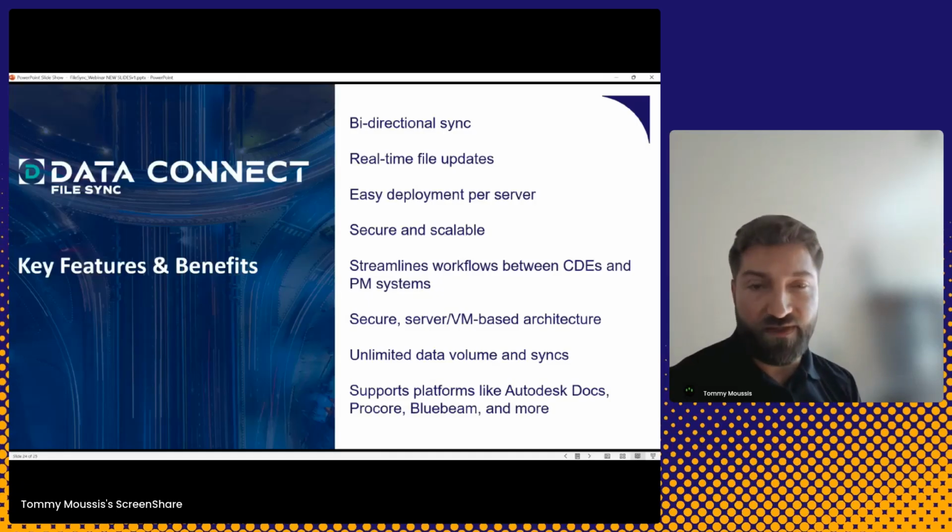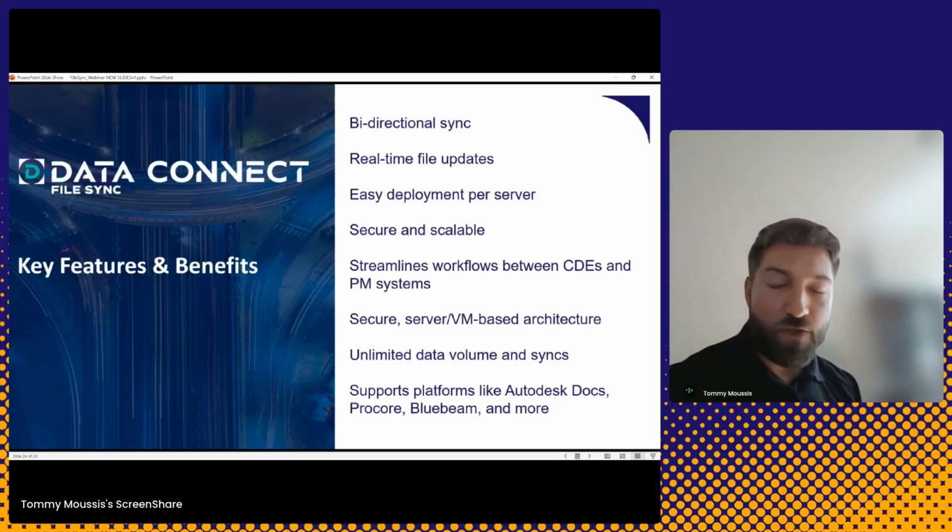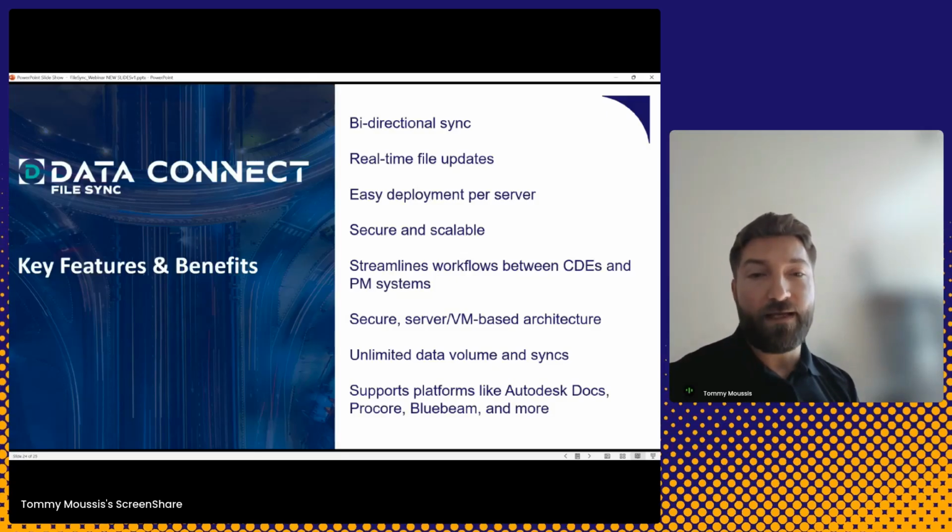That equates to 3,000 files an hour, 12,000 files per 4 hours, etc. So if, again, we're moving terabytes of data on a daily basis, maybe then you consider 2 seats of file sync, but again, it's easy to deploy per server, and it's quite secure and scalable, as we are leveraging the permissions of the individual's credentials within said cloud environments.